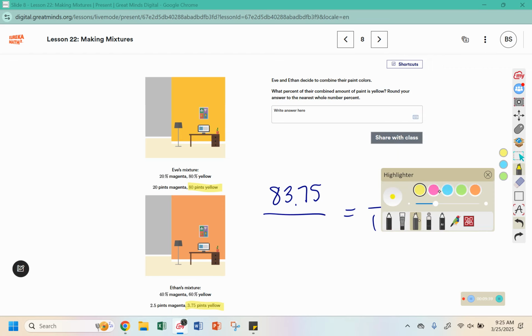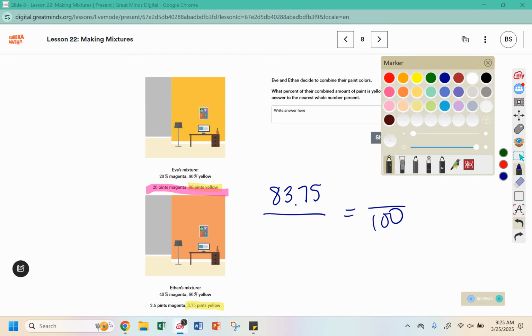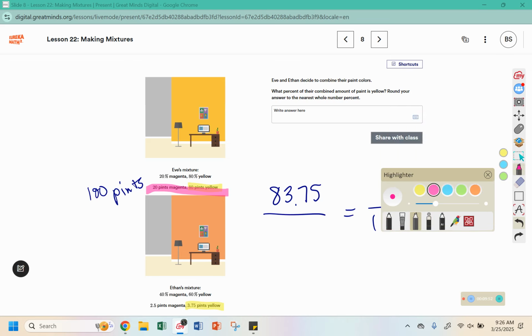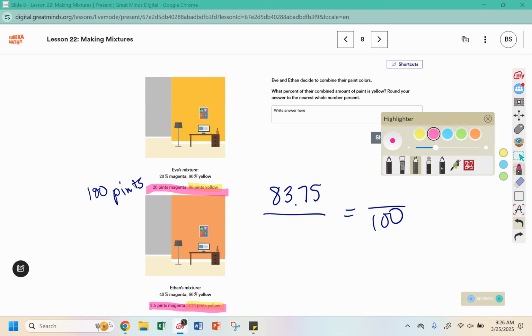Altogether, Eve had 100 pints. And for Ethan, altogether he has 6.25 pints.